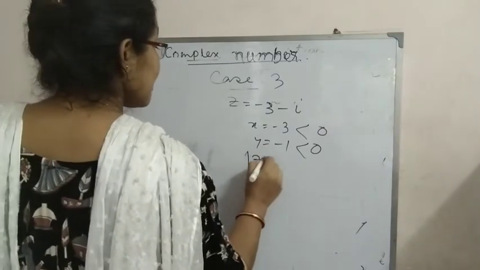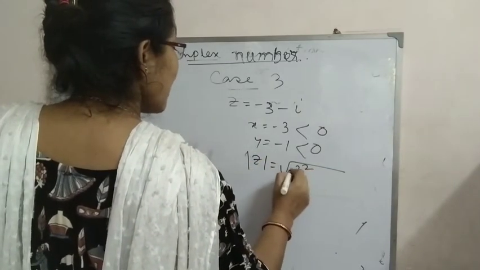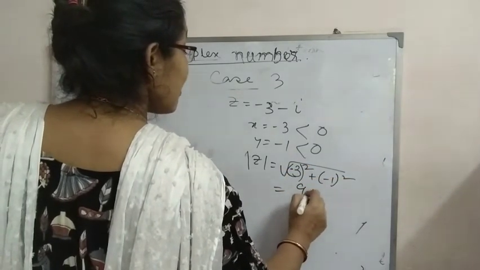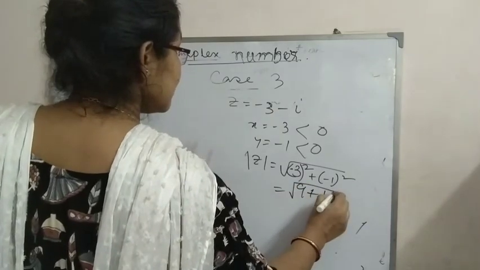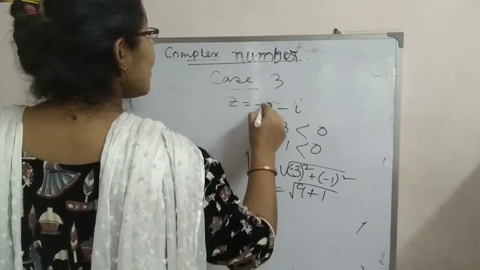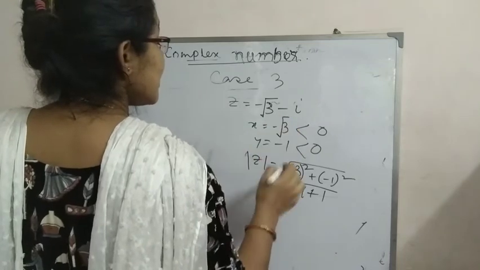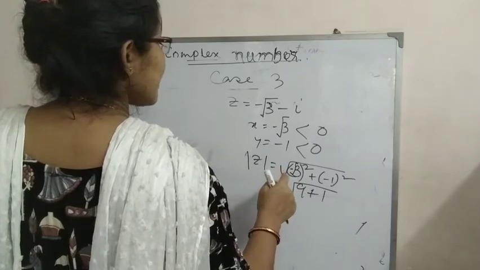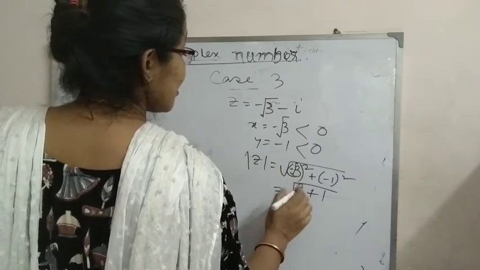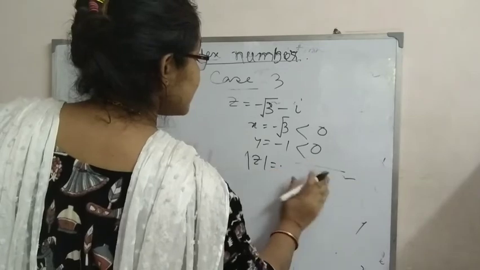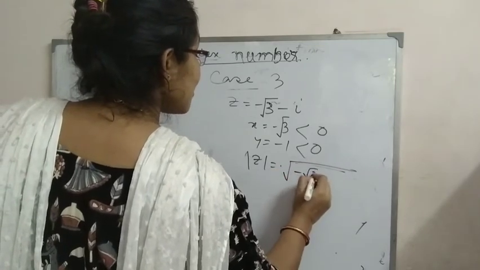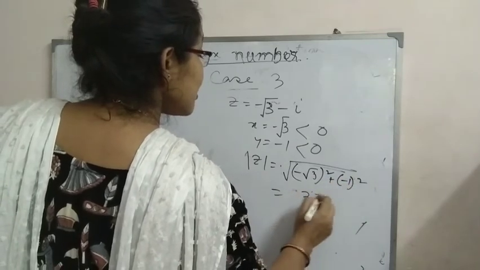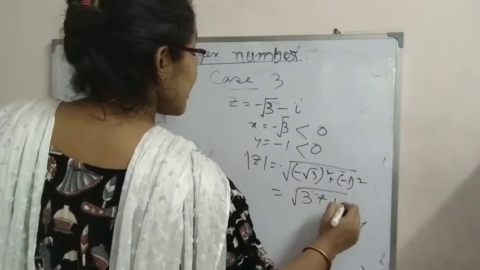So mod z equals root over minus root 3 whole square plus minus 1 whole square. This is equal to 3 plus 1, and that is 4.